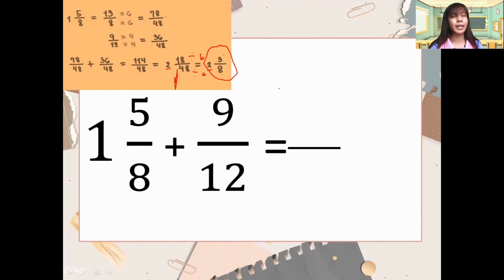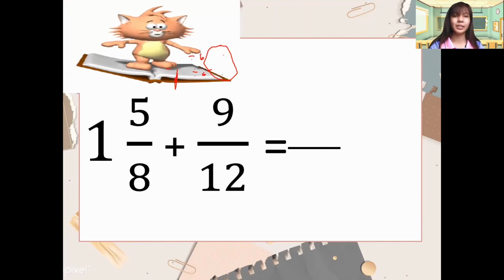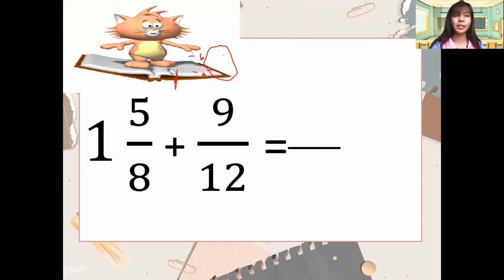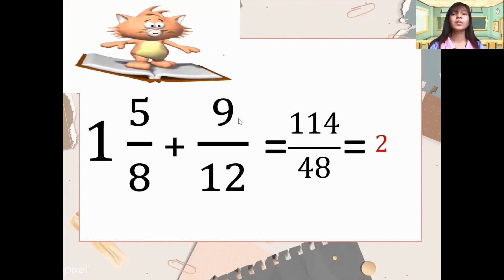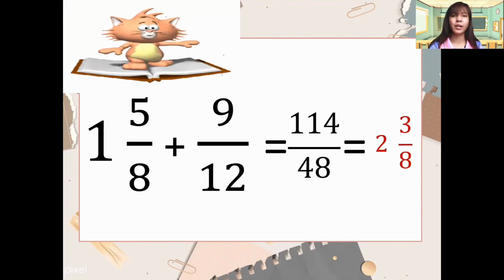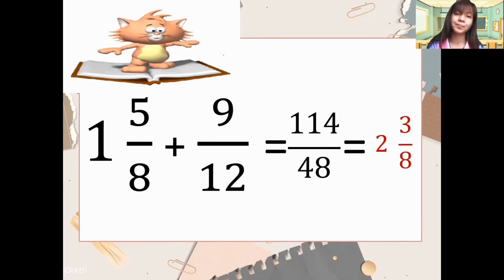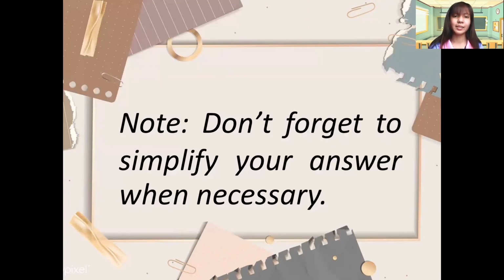So again, guys, you really have to simplify your answer. So again, what's the answer? Okay, so the answer is 2 and 3 over 8. Understand? Alright, so just a reminder, don't forget to simplify your answer.